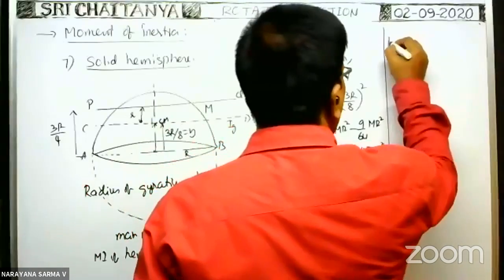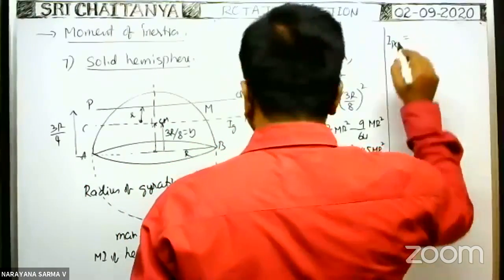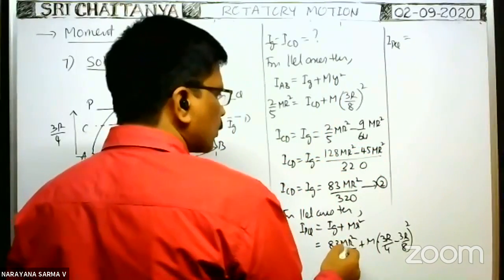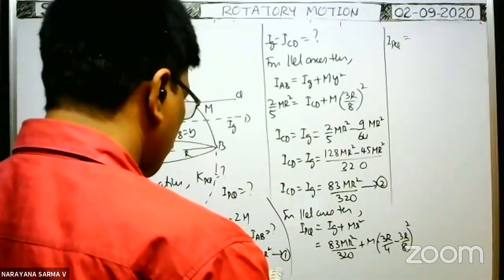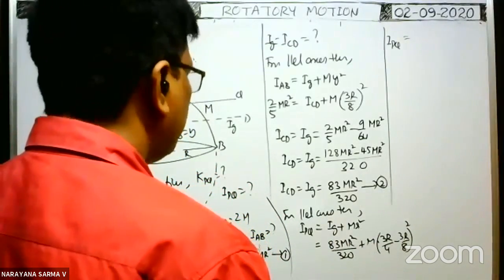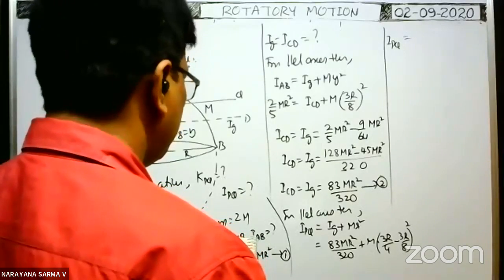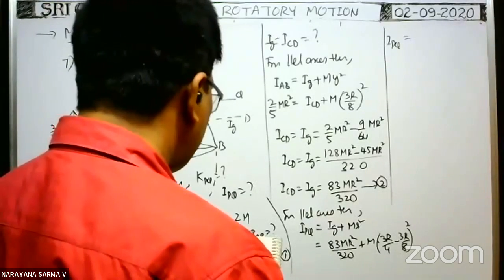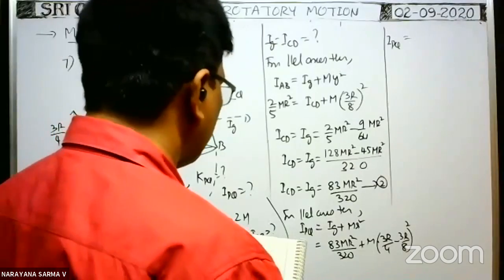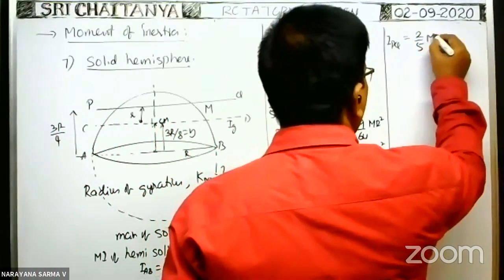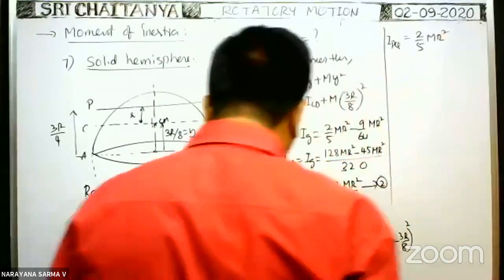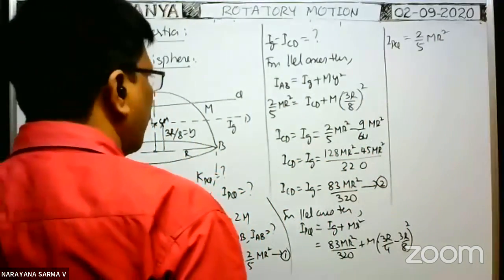Therefore, IPQ is equal to 83 mR square by 320 plus m into that. Okay, you simplify them. After simplification, what is the value you will get? Okay, when you simplify them, you will get 2 by 5 mR square only. IPQ is equal to 2 by 5 mR square only.